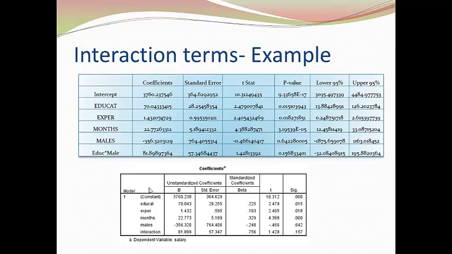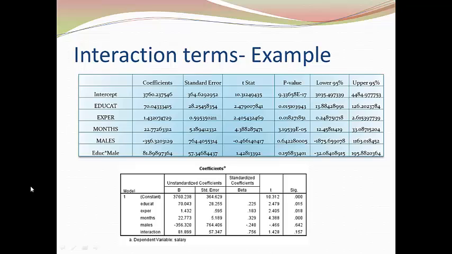So the impact of gender now is not negative, because that impact is being split between the regular gender variable and the amount of education. So here, you can do that interpretation.